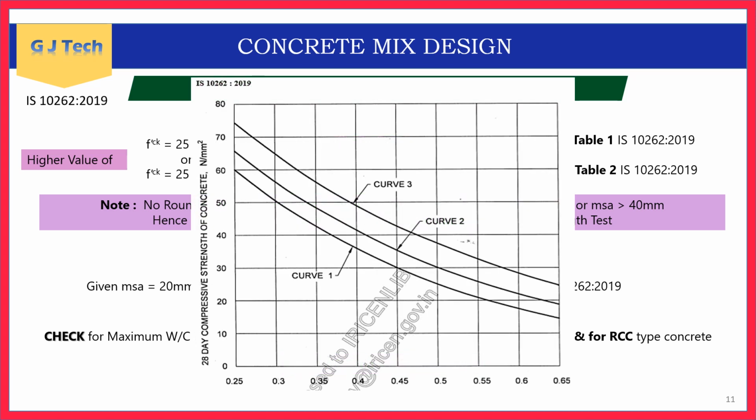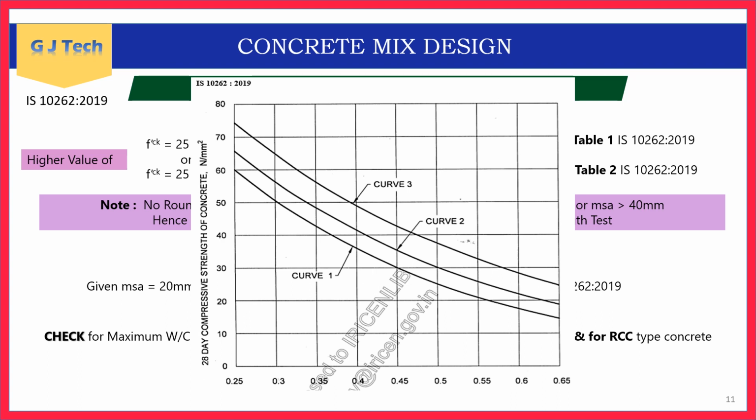This is figure 1 in IS 10262. Three curves are given. Curve 1 refers to OPC cement grade 33, curve 2 refers to OPC cement grade 43, and curve 3 refers to OPC cement grade 53. In our case it is OPC cement grade 43.